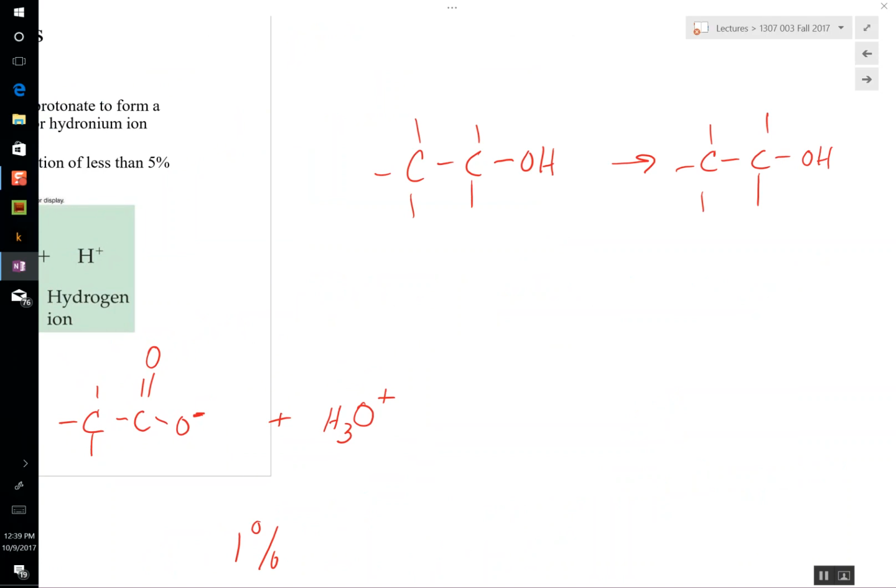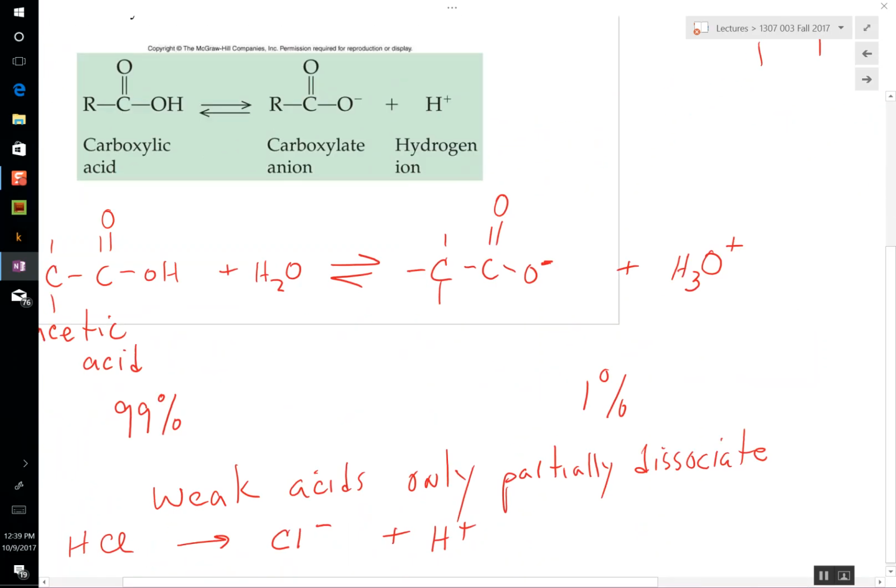It won't dissociate in water. It's going to dissolve in the water, and you think, well, something happened there. Yeah, but it just dissolved. It just hydrogen bonded with the water around it, but it did not form ions. So alcohols are not acidic.